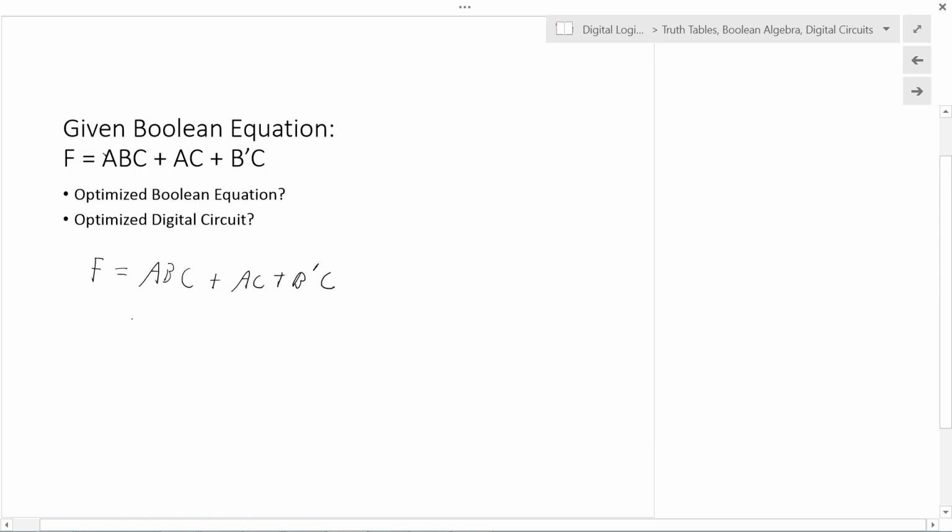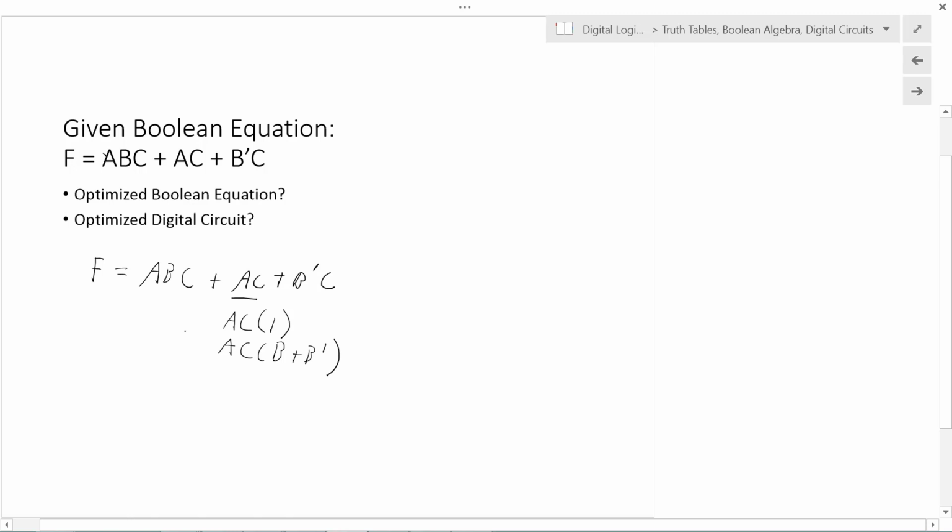Let's first do this. This term is equal to AC ANDed with 1. 1 is also equal to B or B prime.